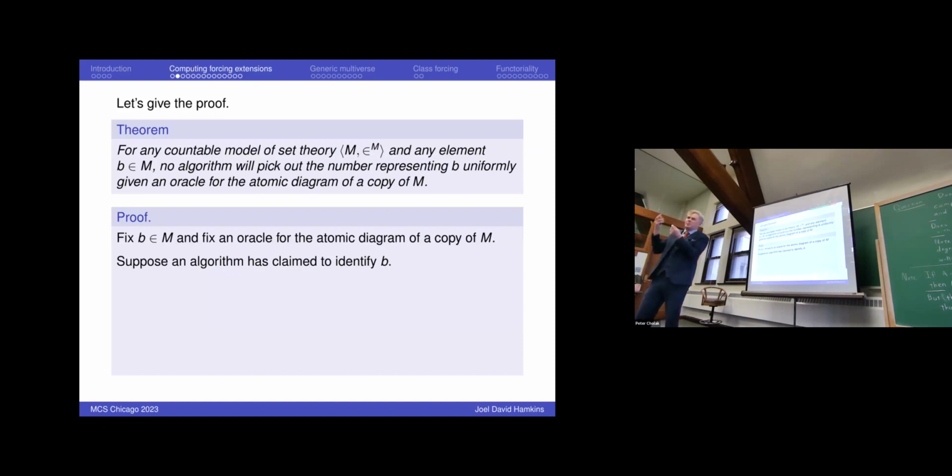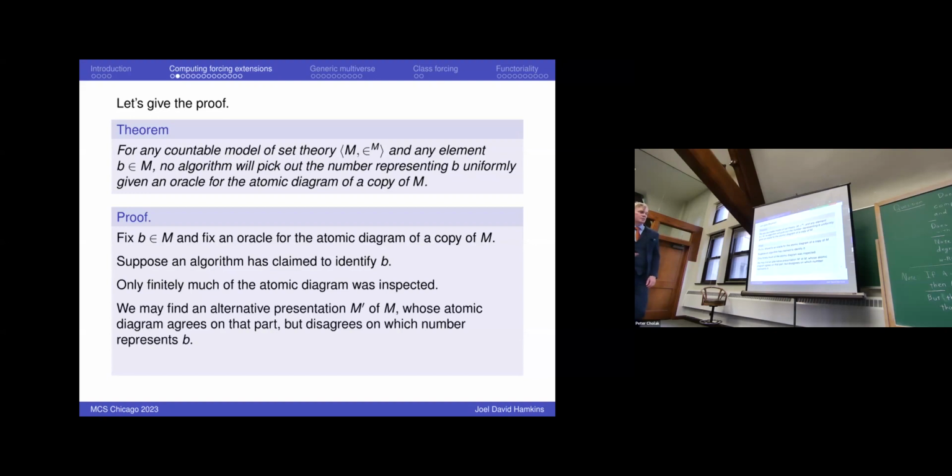But that same finite picture of the atomic diagram occurs all over the place. And so I could change whether that index is actually coding the empty set or the real numbers or whatever, by adding an index. So it's basically trivial. Only finitely much of the atomic diagram is inspected, but we can find an alternative presentation of the model in which that finite piece is representing some other set and not the original B.